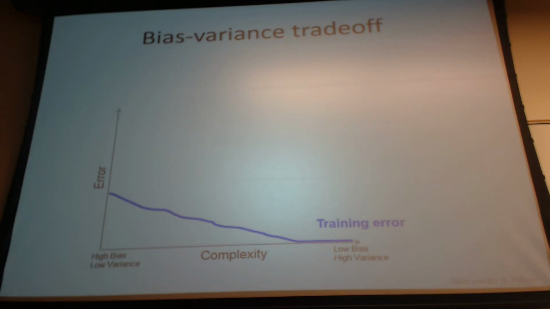But what happens to test error? It turns out that after a certain point, test error starts increasing. So the best test error is not the most complex machine. Here we have underfitting and here we have overfitting.